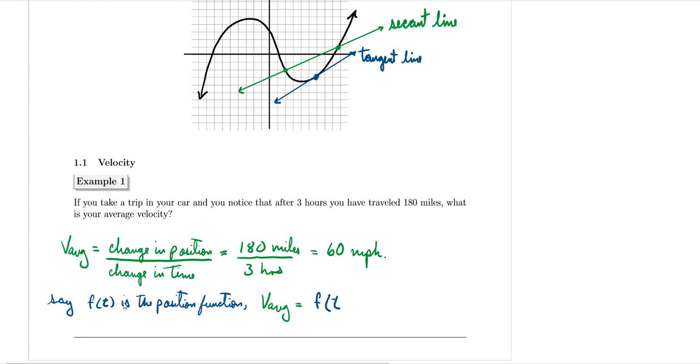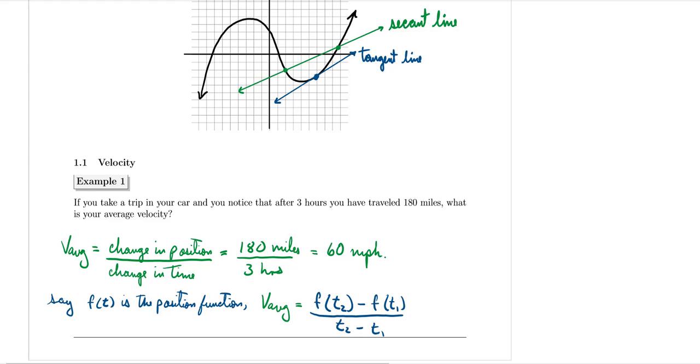So the changing position is going to be the difference between the position at time 2 minus the position at time 1, and that's all over the changing time, so t2 minus t1. Okay, so this is how we get the average velocity.